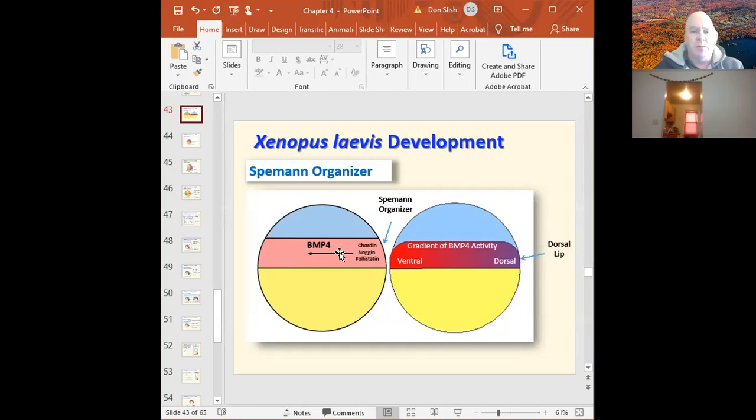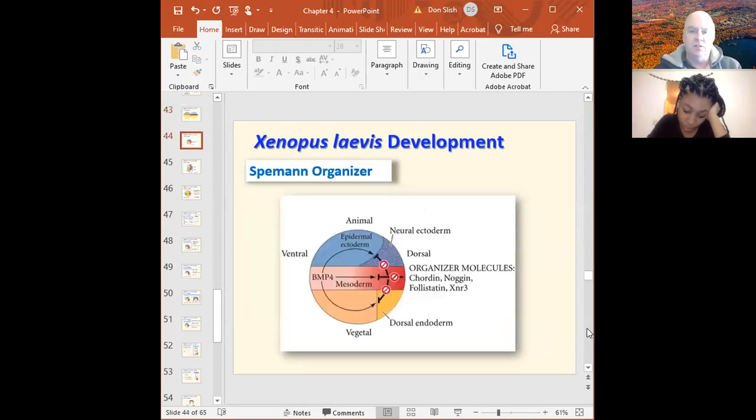Actually, it does produce BMP4. But what it's doing is releasing these blockers of BMP4. So they're going to be high in concentration here and low in concentration here, which means that BMP4 activity is able to be expressed down here. And as you get closer and closer to the organizer, the less expression you get of the BMP4 because the blockers are getting higher in concentration.